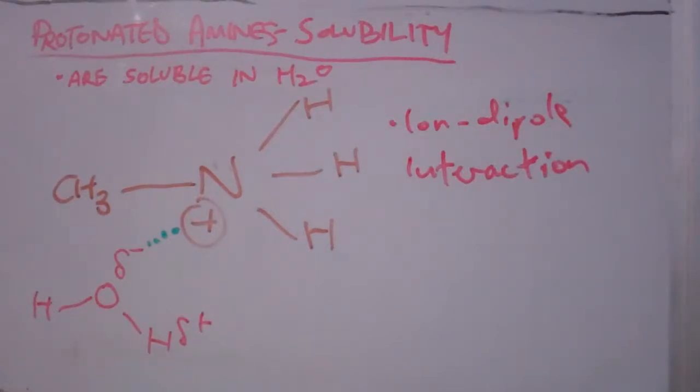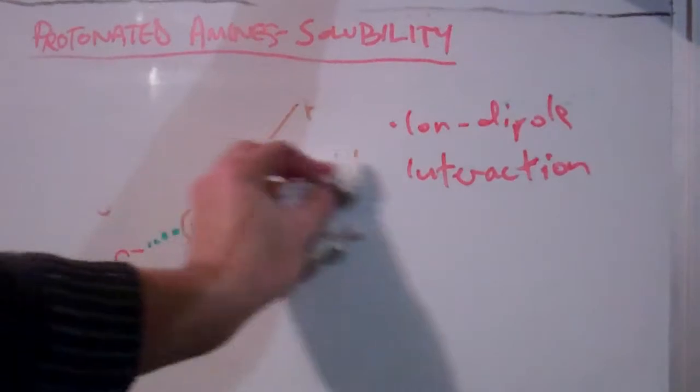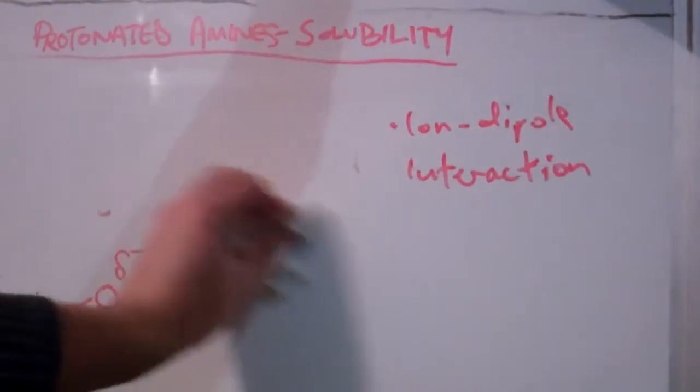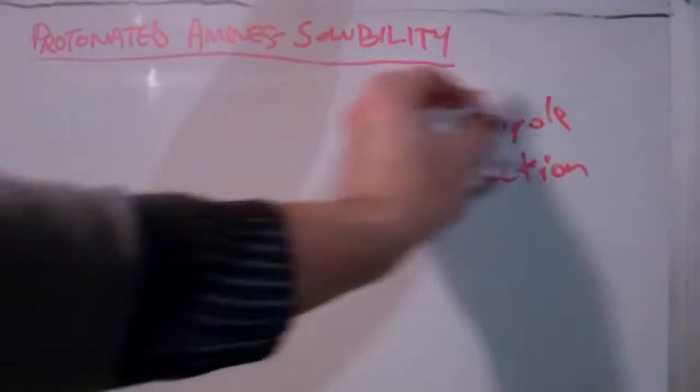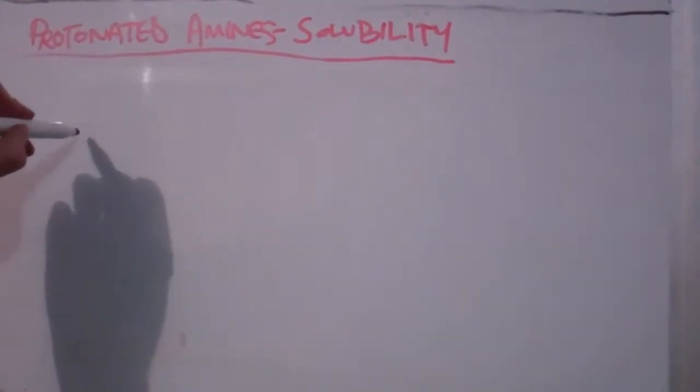Now, the difference between the solubility of the protonated form and just the amine is pretty much the same as with the carboxylate ion and carboxylic acids.